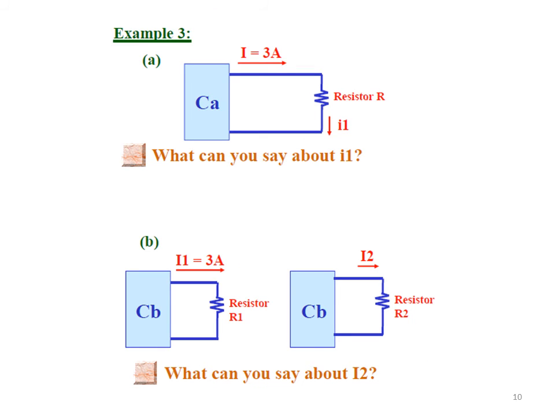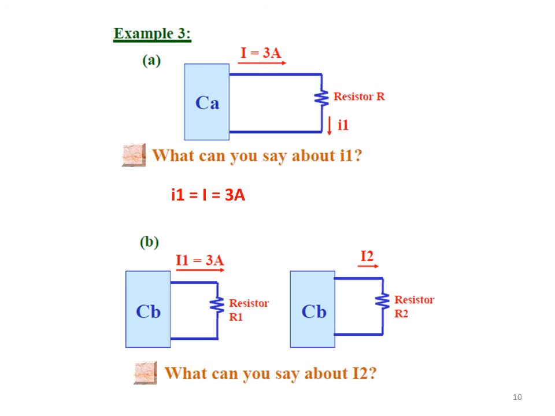Okay, let's look at example 3a. We have circuit CA and the resistor R. The value of I is 3 amps. What can you say about I1, the current through resistor R? We have I1 equal 3 amps because I1 and I have the same direction.